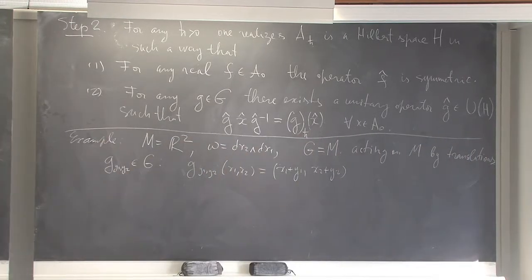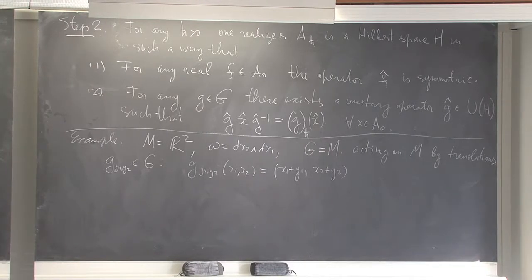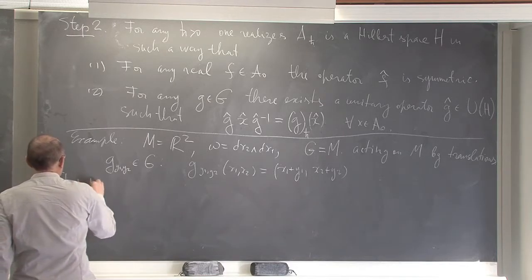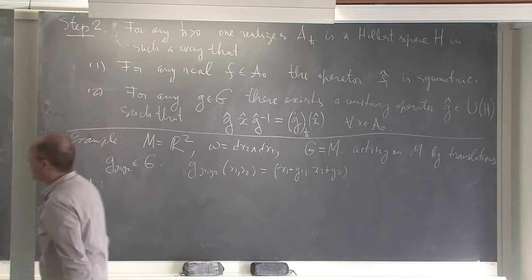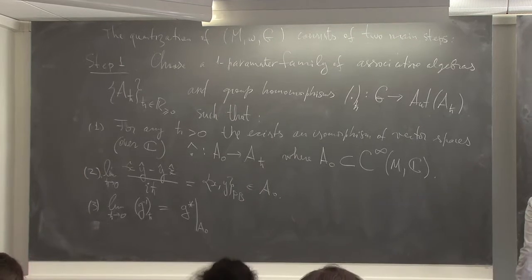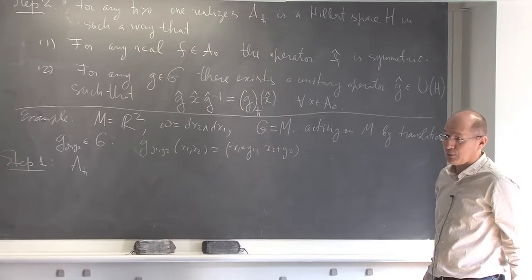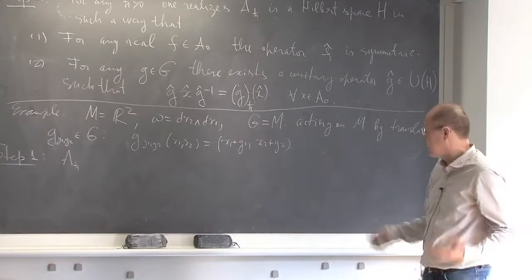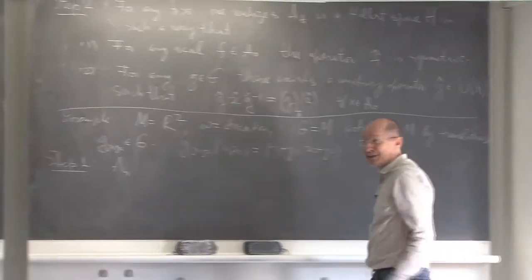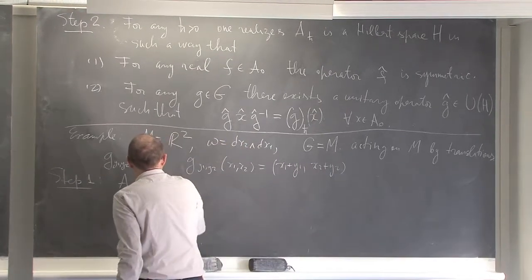Okay, now let us do step by step. Step 1. We have to pick up a family of algebras. And there is no recipe in getting the ingredients of the quantization, so it is a kind of art. So here I give just the answer, right? I just define A sub H bar explicitly by a presentation.